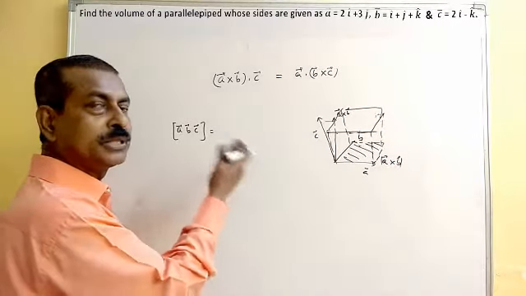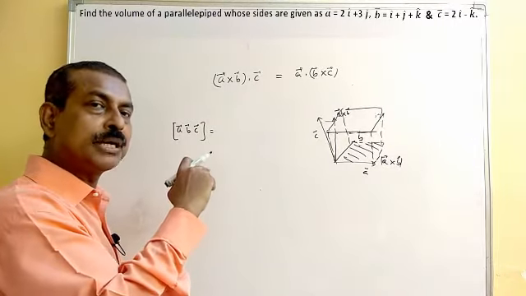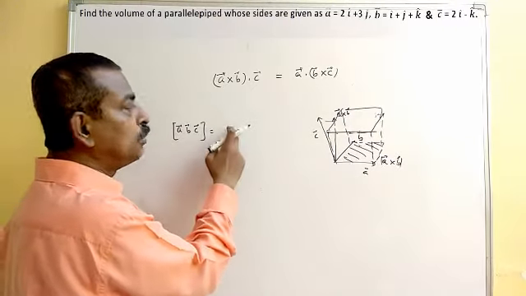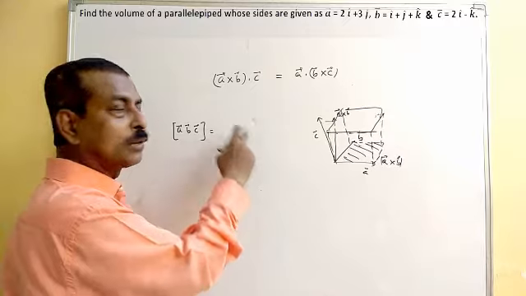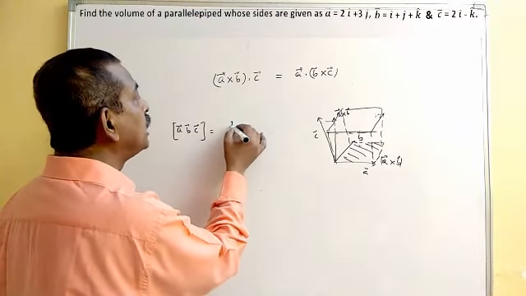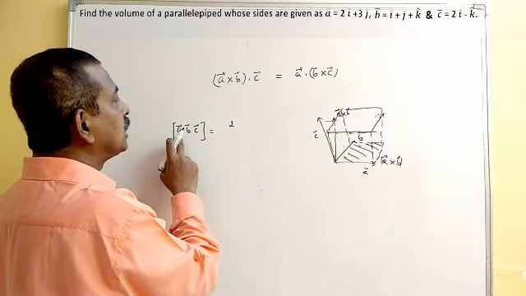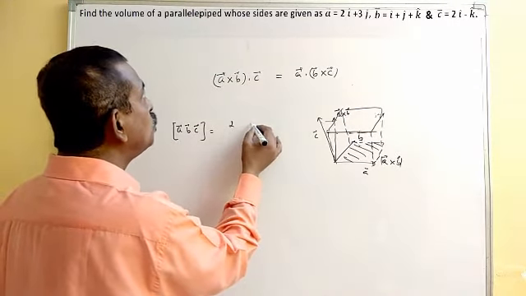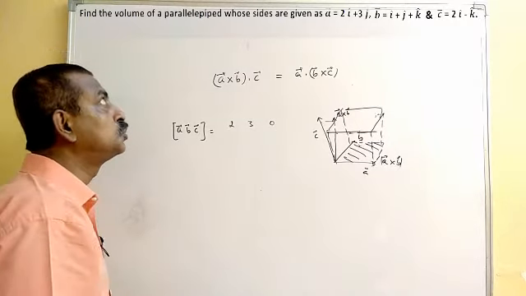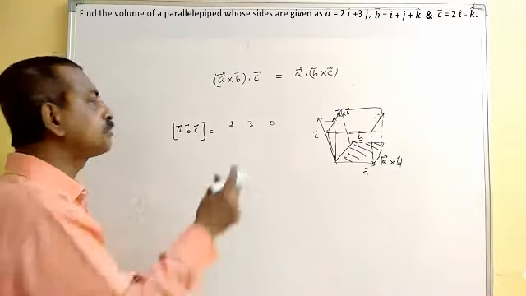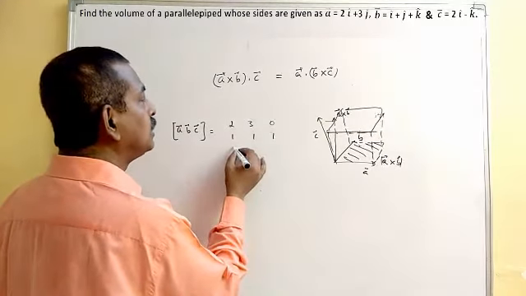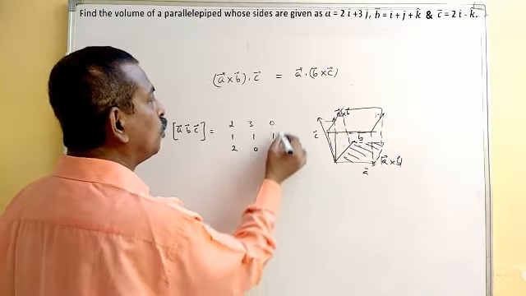And now you are taking the dot product with A. So corresponding terms will be multiplied: the x component A1 i will be multiplied by the coefficient of i we get. So basically the first row will now be the coefficients of vector A, which is 2, 3 and 0, because vector A is 2i cap plus 3j cap. Vector B is 1, 1, 1, and this is 2, 0, 1.